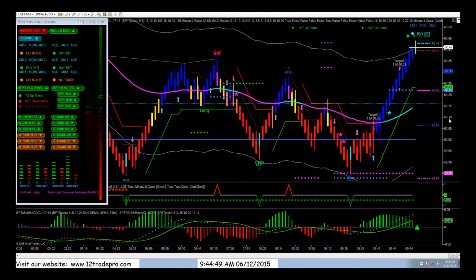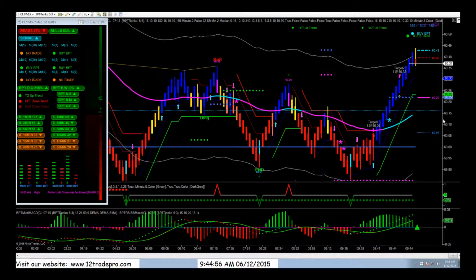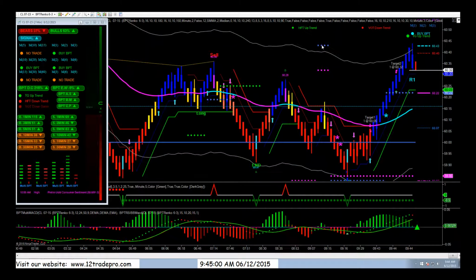I was trying to see if I needed to move my target, and I really didn't see a resistance line up there. I didn't even see that outside the band. Oh man.